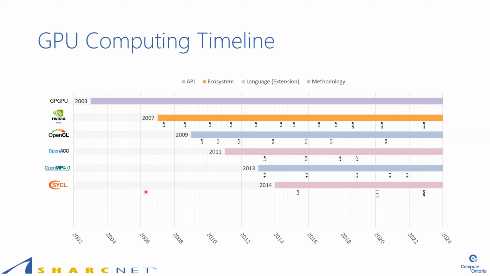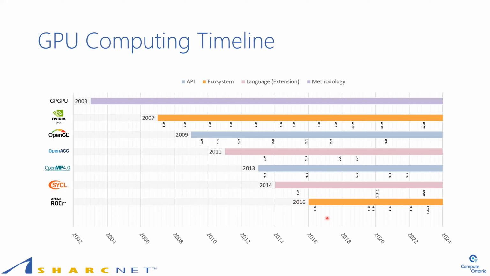In 2014, SYCL started as a higher-level programming model on top of OpenCL. SYCL can target heterogeneous processors with a single-source standard C++. So there is no need for a separate kernel file.